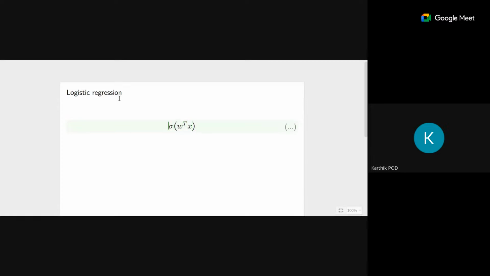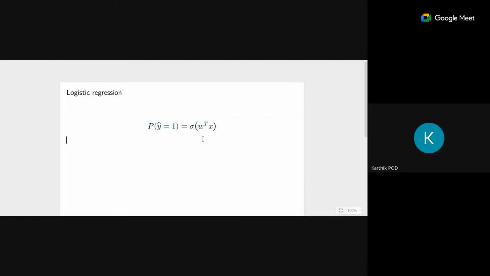So this is actually the probability that the predicted label is 1. Sigma is the sigmoid function, 1 by 1 plus e to the power minus W transpose X.